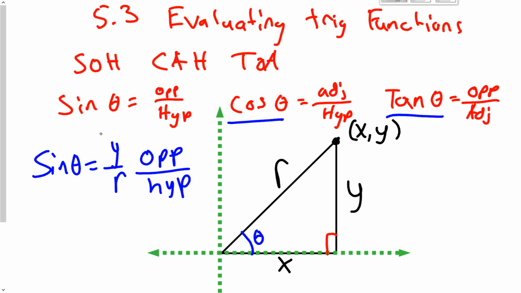So we get sine is y over r, but it's also opposite over hypotenuse if we're looking at a right triangle. Same as adjacent over hypotenuse for cosine, and tangent would be opposite over adjacent. And then their reciprocals, of course, would be flipping those fractions. Right? Cosecant of the angle would be flipping the hypotenuse over the opposite side.